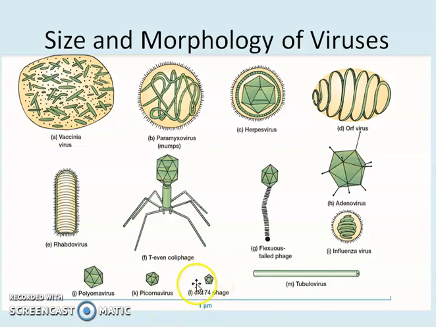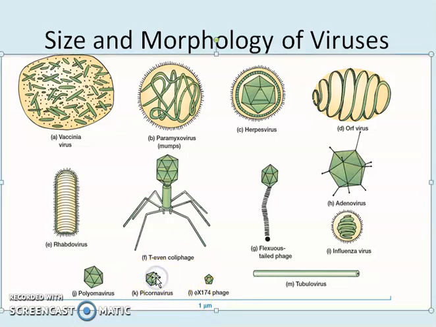This is a particular type of phage. The picornavirus is the smallest group, and this is the rhabdovirus, which is bullet shaped, and this is a paramyxovirus, which has a spherical shape. Each virus, such as the adenovirus and influenza virus, has a different shape.